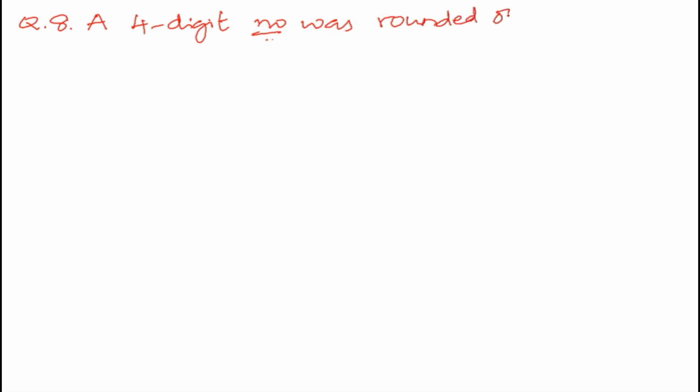Let me consider the next question. Question number 8. A 4-digit number was rounded off to the nearest tens, and the result was 5760.